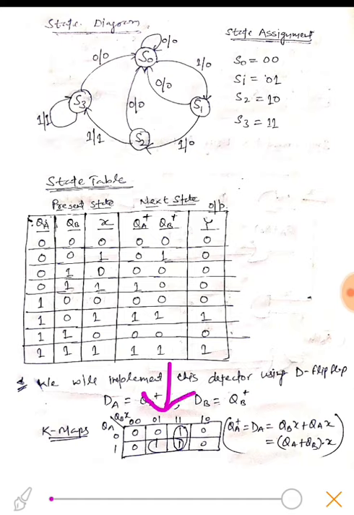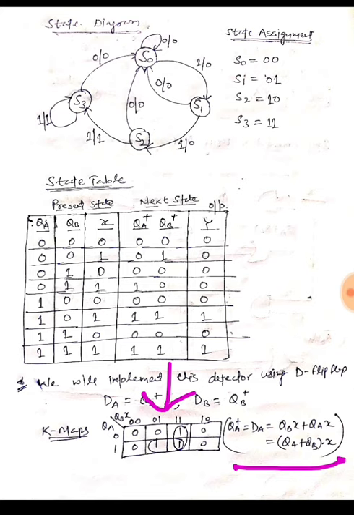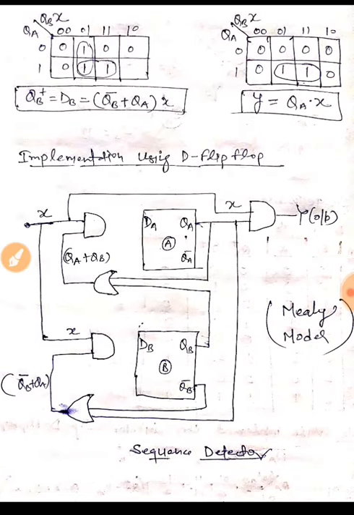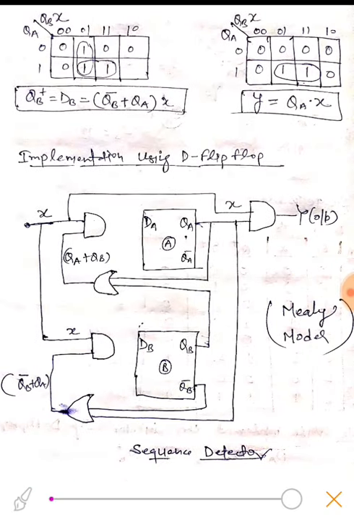So pairing, we calculate the minimal expression, which comes out to be QA plus QB into X. Similarly, we can calculate for QB and Y.